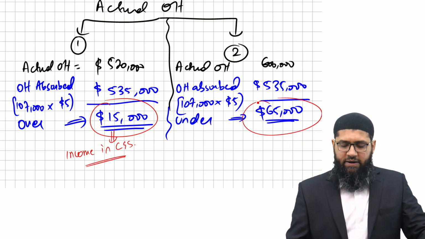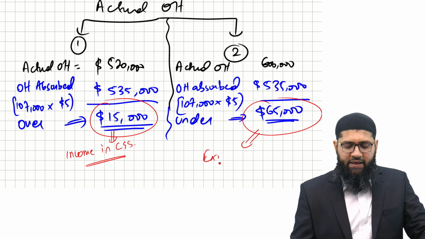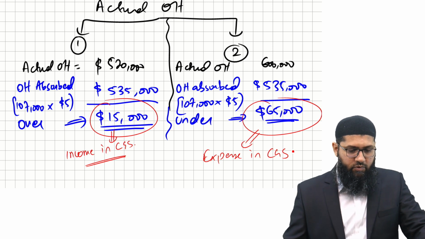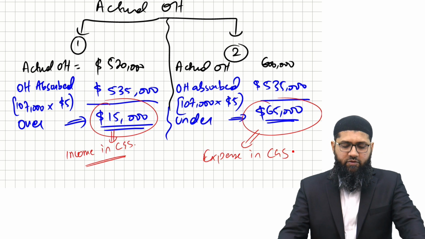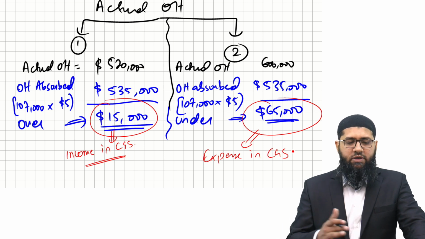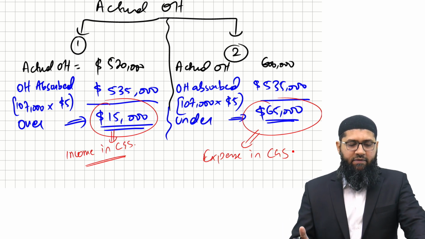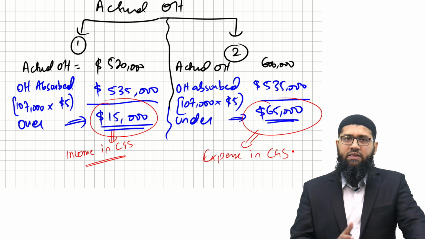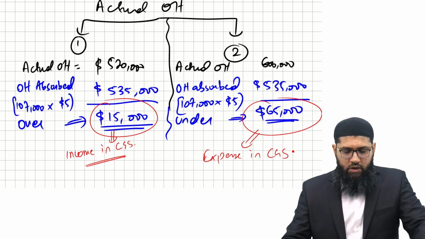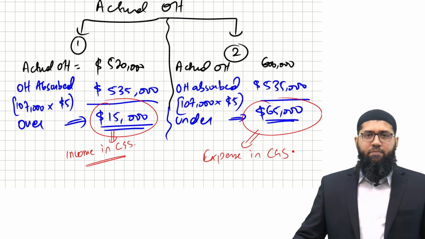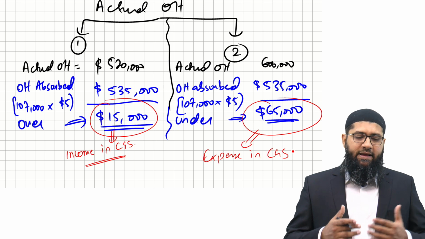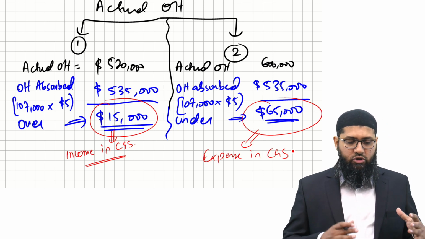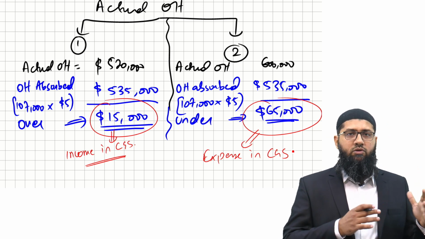Whereas under absorption is recorded as an expense in the cost of goods sold. That's what happens. Over absorption and under absorption is something we have done, and it is always important with respect to absorption costing that you keep in mind what under absorption and over absorption are.